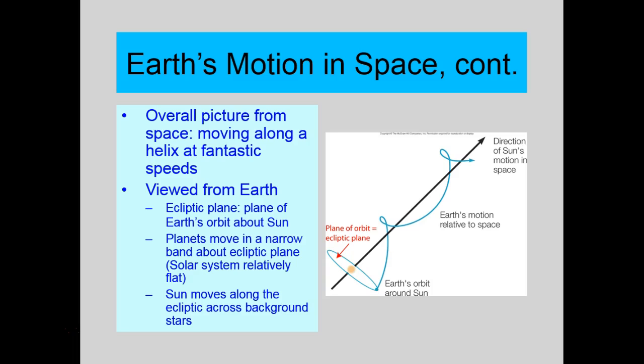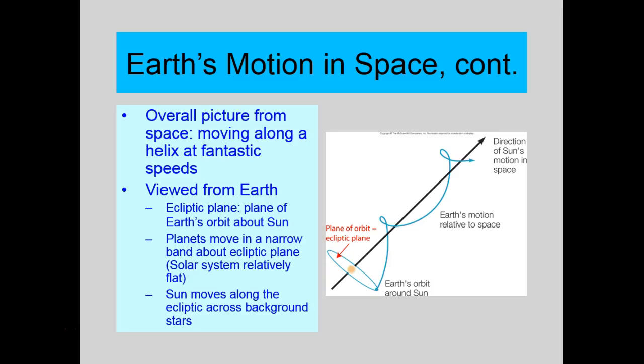That picture on page 409. They're not quite on the ecliptic, but close, and that's because, you know, they all have slightly different tilts to their axes. Not far, usually less than around a degree or so. So that's why they're not quite on the ecliptic. So we don't fit exactly in one flat disk. We have a little bit of variation between the planets. Okay? Move in a narrow band about the ecliptic.